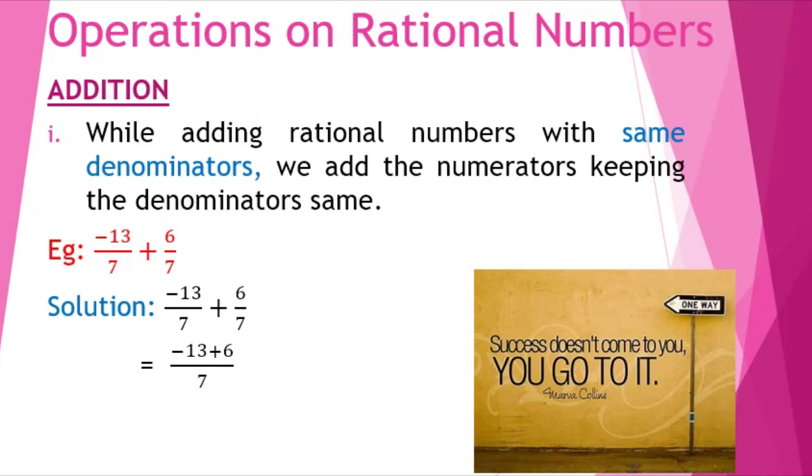And the sign of the bigger number is negative. So we get the answer minus 7 divided by 7 equal to minus 1. Here also we are using the rule of division of integers. That is, a negative number divided by a positive number, the result will be a negative number.